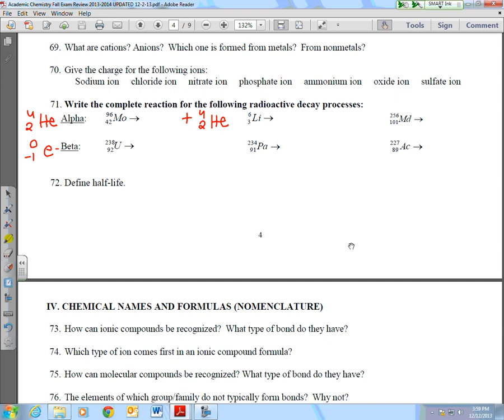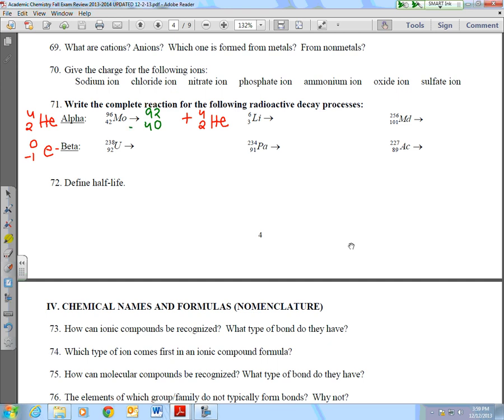I need this side to add up to this side, okay? So what plus 2 gives me 42? 40. So the bottom number is 40. What number plus 4 gives me 96? 92. So do you see what I'm saying? These added up should equal this side, okay?